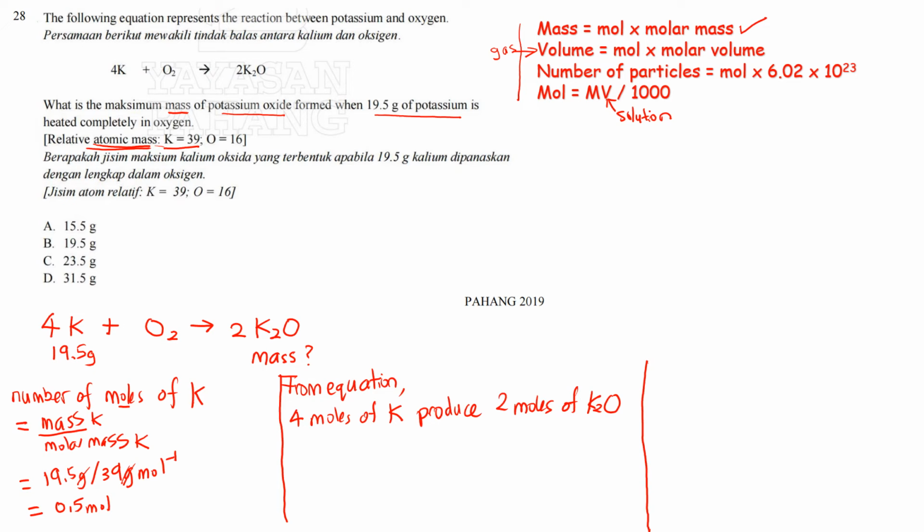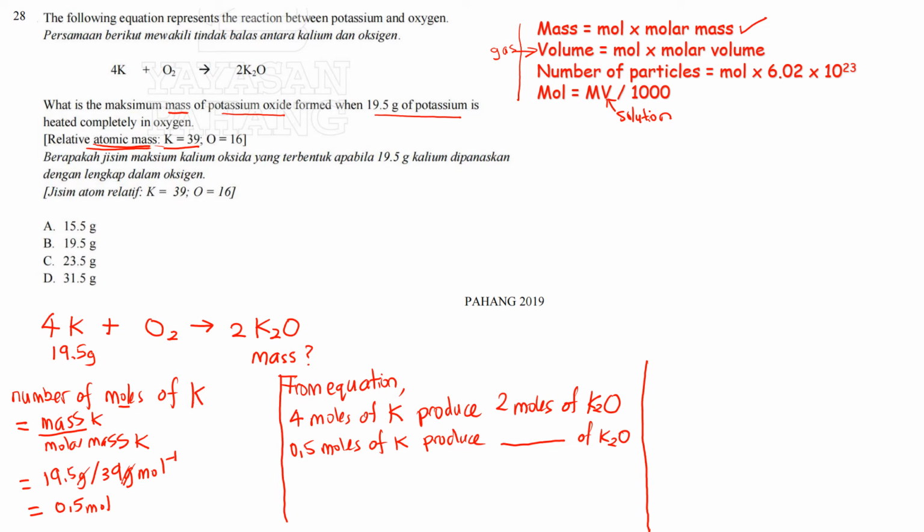And just now from the calculation, you got the number of moles of potassium is 0.5. Thus, 0.5 moles of potassium will produce how many moles of potassium oxide?